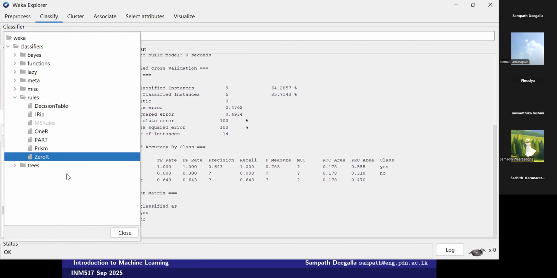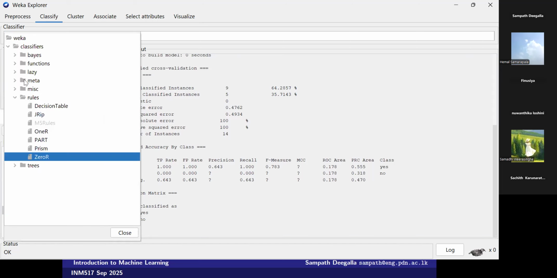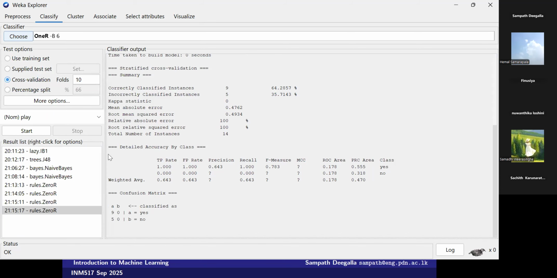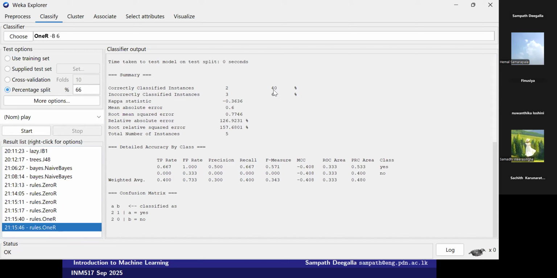Okay. Now let me show you another. Let me use 1R. If you use the training set, you will notice about 71% accuracy. Percentage split goes down to 40.